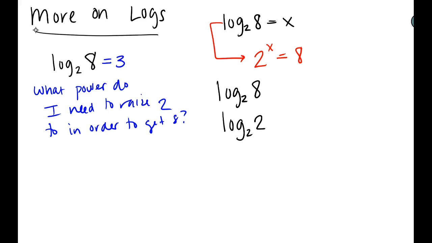Oh, that's 2 to the third power. And now the question becomes really easy. What power do I need to raise 2 to in order to get 2 to the third power? Or I think about the inverse operations on our logarithms and our exponents, the idea that log base b of b to the x is just x. And this just gets me out 3.